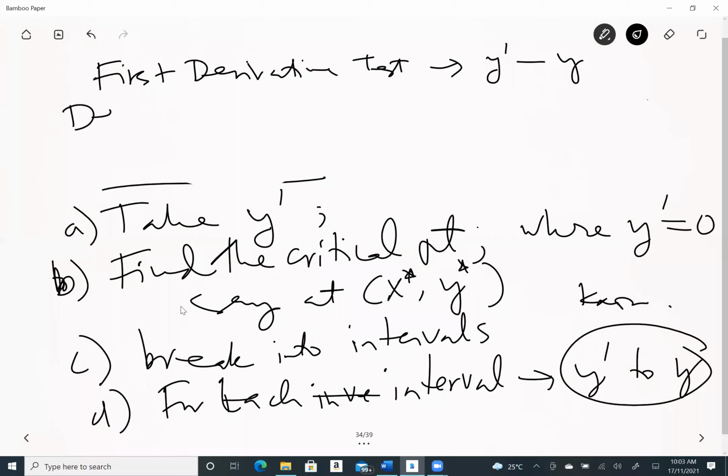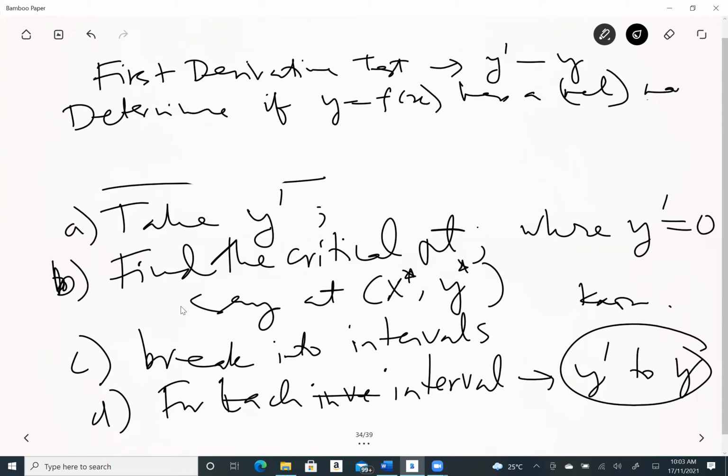So you want to determine if y equal to f of x has a relative maximum or minimum at the critical point or points, if there are more than one point.